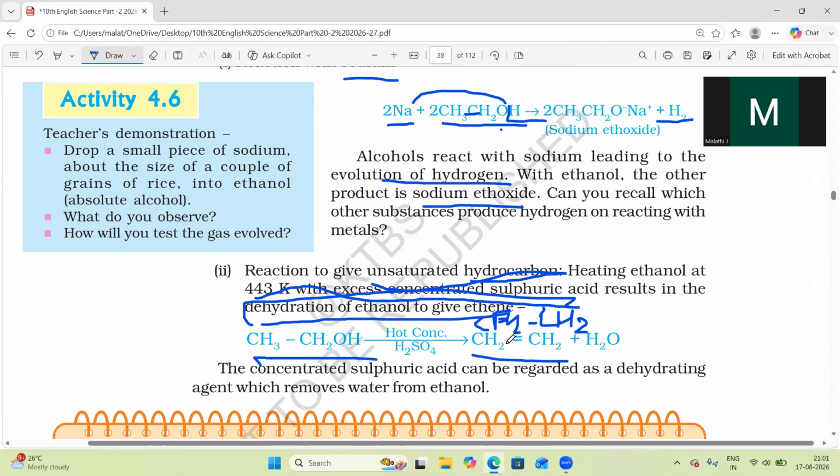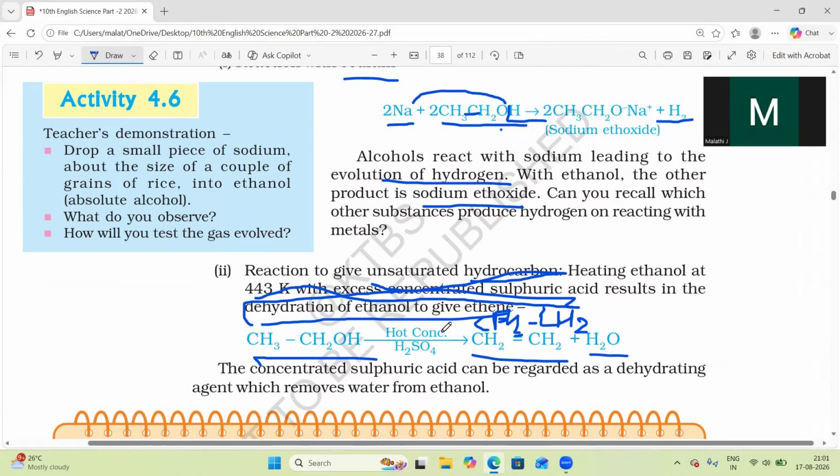We need one more bond, so for both carbons we have to take another bond. This concentrated sulfuric acid can be regarded as a dehydrating agent which removes water from the ethanol.